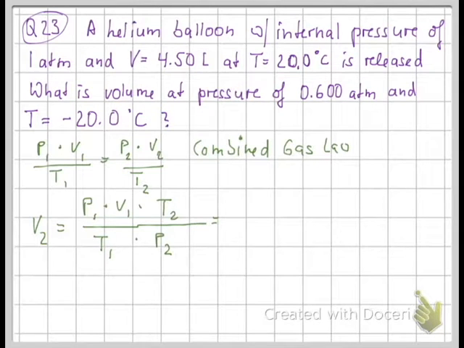And of course we are given 20 degrees Celsius for T1. And because we're dealing with gas laws, we have to do that in kelvins. So 20 degrees Celsius plus 273 equals 293 kelvins for T1.